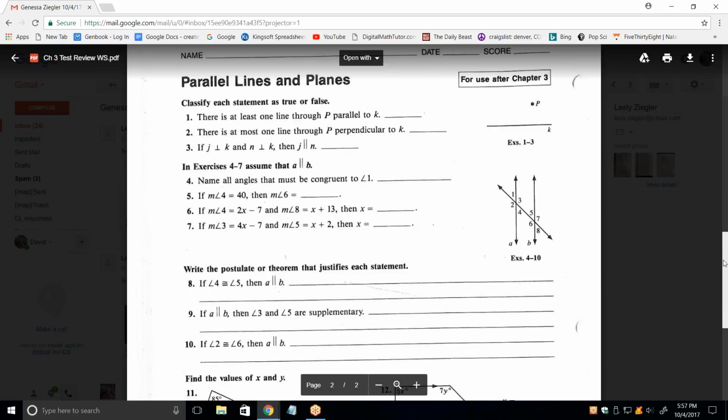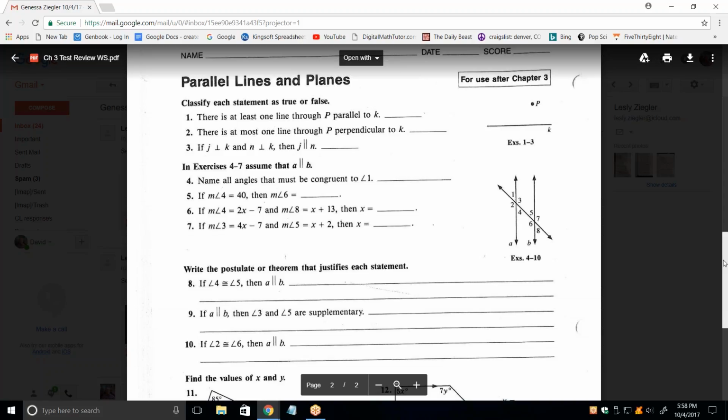On to this one. Yes. Okay. Classify each statement as true or false. There's at least one line through P parallel to K. True. I believe so.